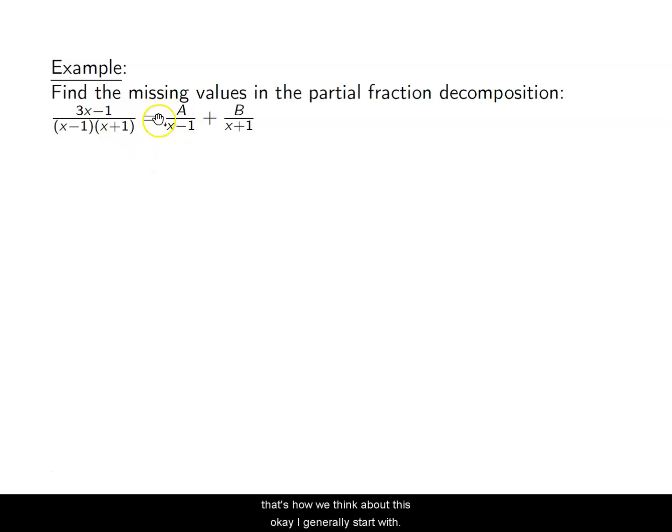Generally I start with the problem that I want to give students, but maybe this is the answer that I want. Then what values do I need for A and B for this to be their answer? That's how I think about it in my usage of partial fraction decomposition, but there are lots and lots of uses that you'll see in other classes as well.